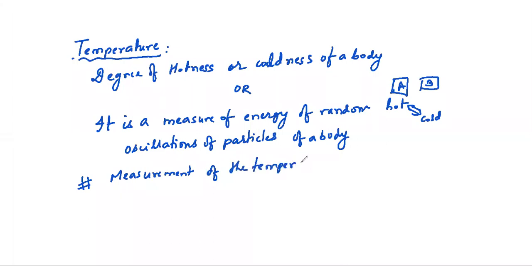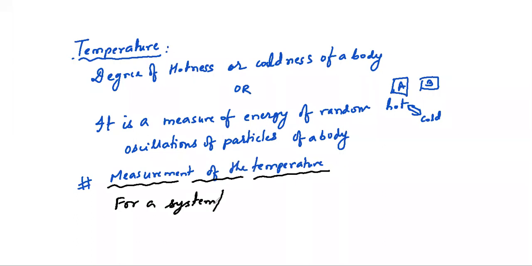So we know that it is measured by a thermometer. That's true. But a thermometer will use some physical property of a substance, right? So for a system, or for bodies, how do we measure temperature?